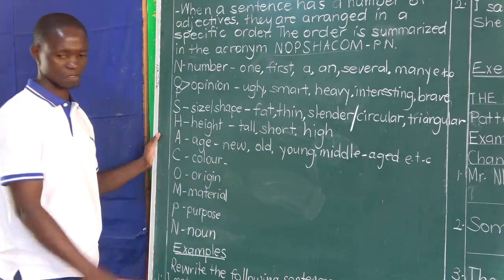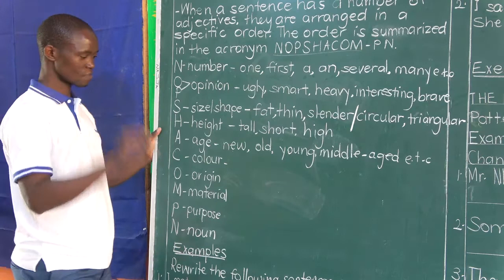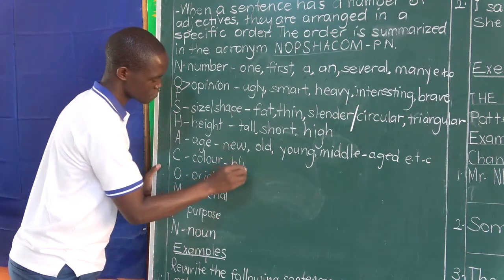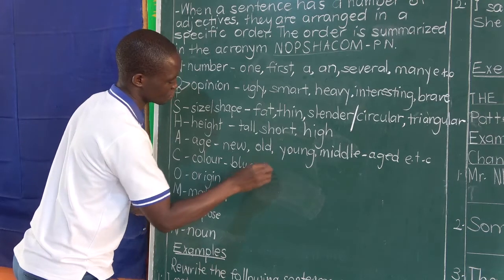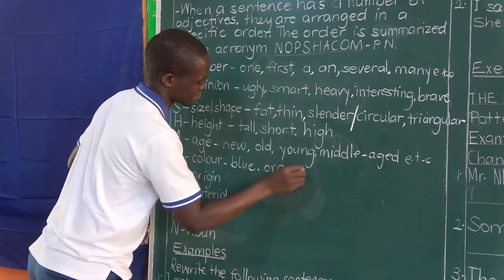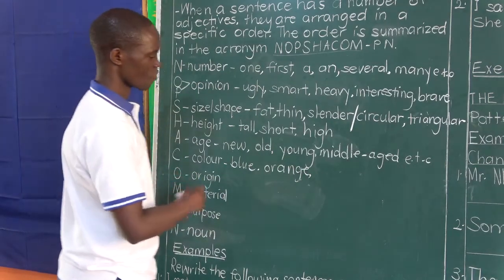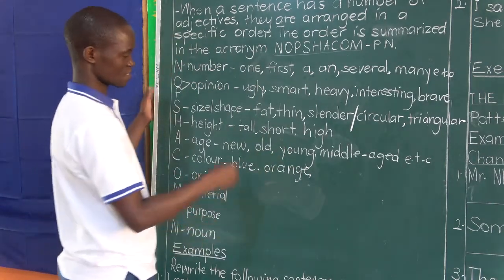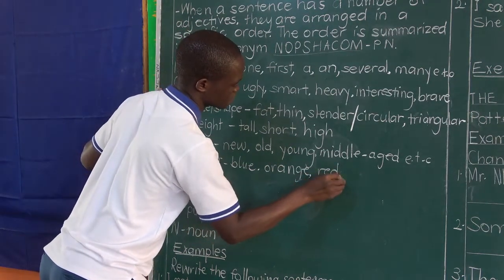Adjectives of color. Which adjectives of color can you think of right from P1 nursery? Blue. My best color, blue. Next, orange. Which other colors, which other adjectives of color? An orange ball. A ball that is colored like an orange. Red. Yellow.